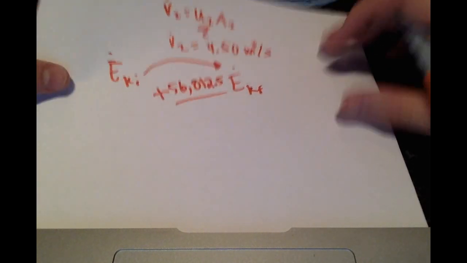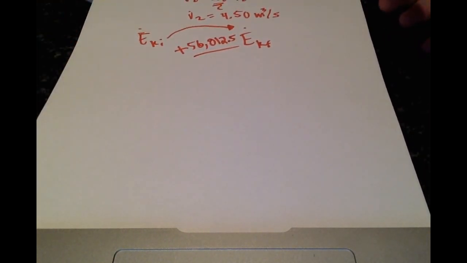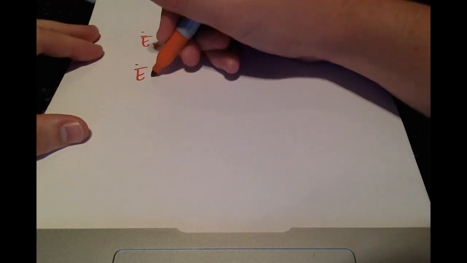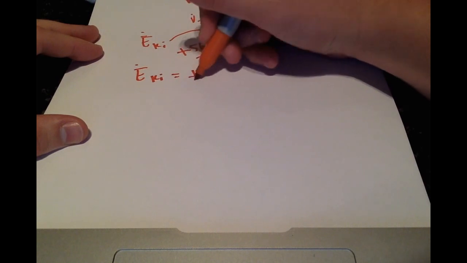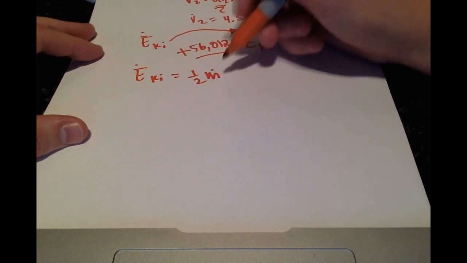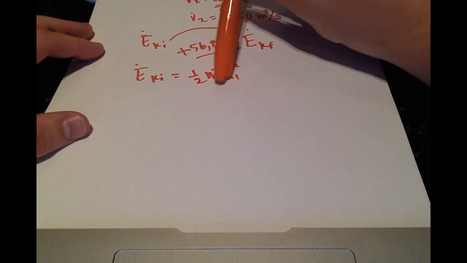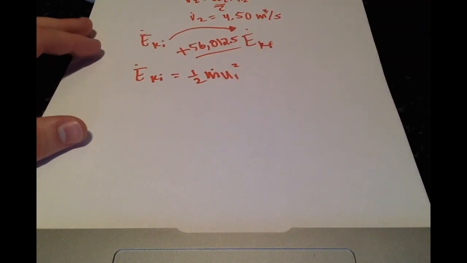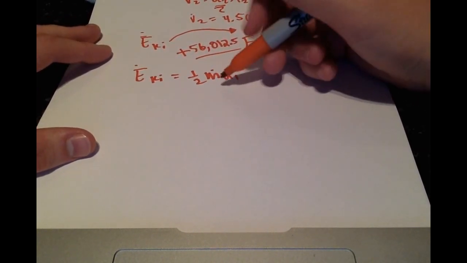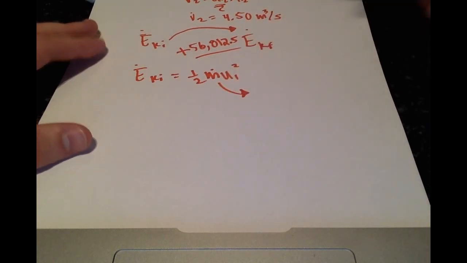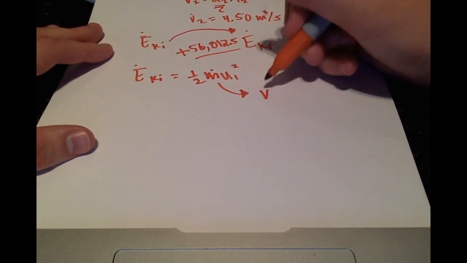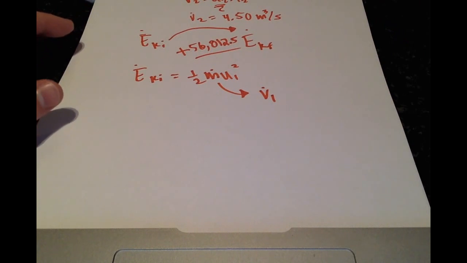Okay, so I think we have enough information to get our initial kinetic energy. If we write that out, that's just 1/2 mass flow rate times the velocity squared. And we know this is water, so we can get the mass flow rate from the volumetric flow rate.